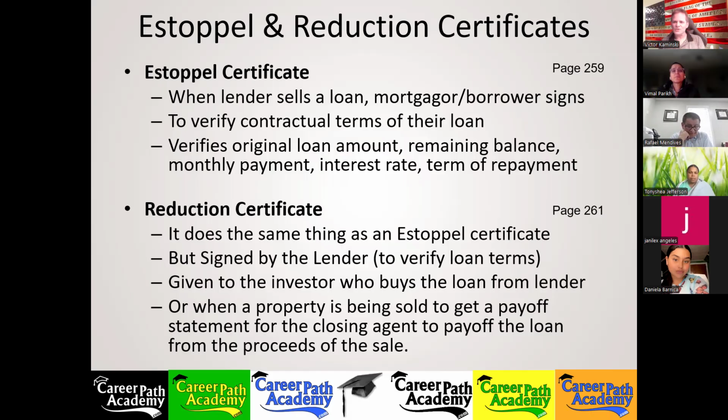So an estoppel certificate is just a document that verifies the terms of something, whether it's a mortgage loan or whether it's a lease. Right now, we're talking about lending. So pertaining to lending, an estoppel certificate verifies all the terms of your loan.